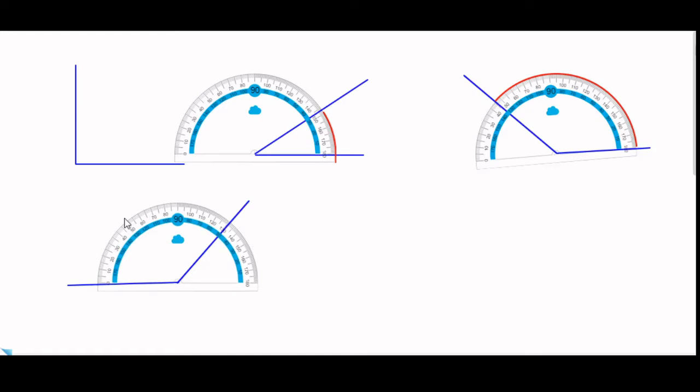That is why I said I will draw one more, because I want to tell you this. So if I think about measuring this angle, from where will I start counting the scale? I will start from here and go here, and here, and here, and I will reach 135.